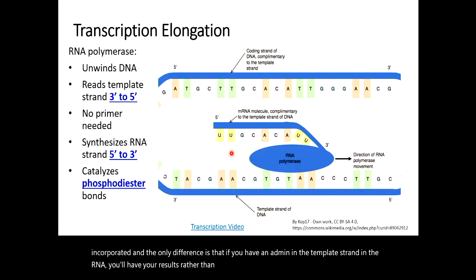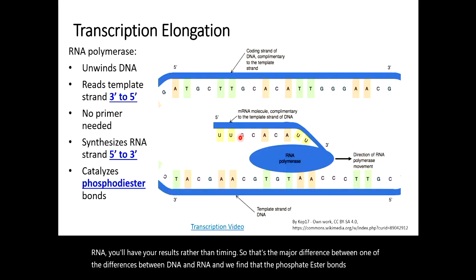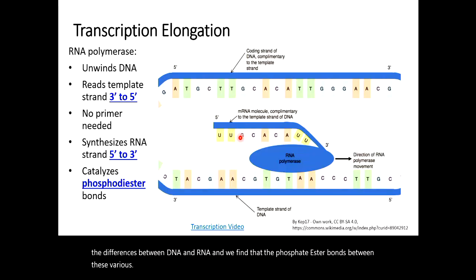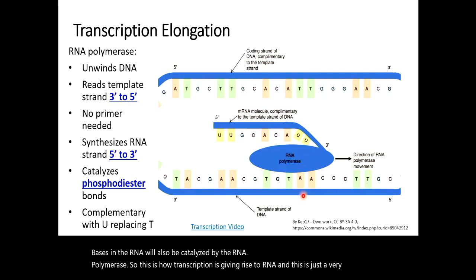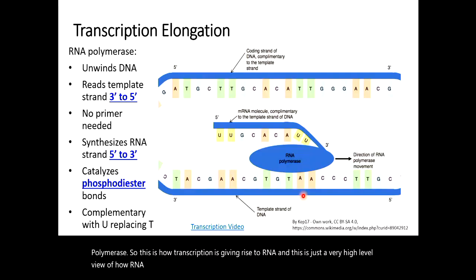That's one of the differences between DNA and RNA. The phosphodiester bonds between the various bases in the RNA will also be catalyzed by the RNA polymerase. This is how transcription gives rise to RNA, and this is just a very high level view of how RNA can be synthesized.